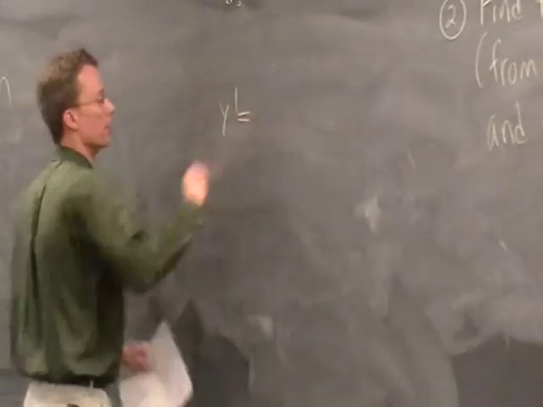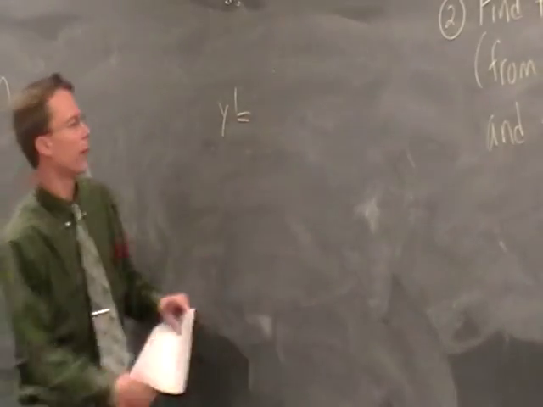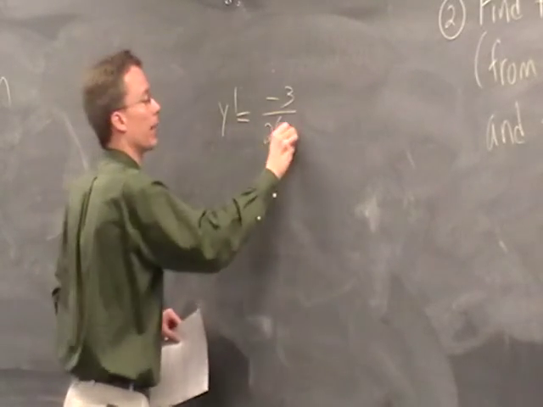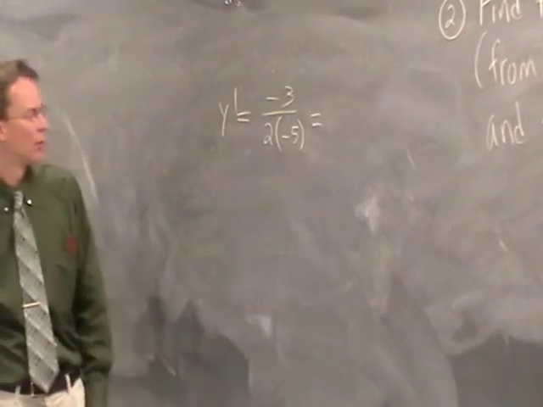So then y prime is going to be -3, not over 2y, but over 2 times -5. This is easy. 3/10.